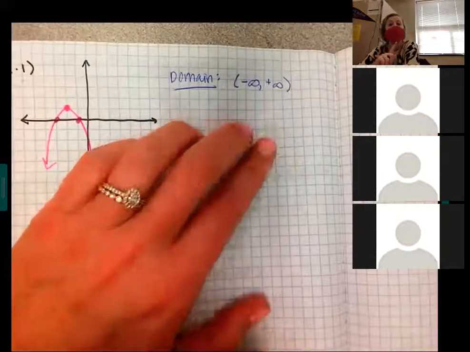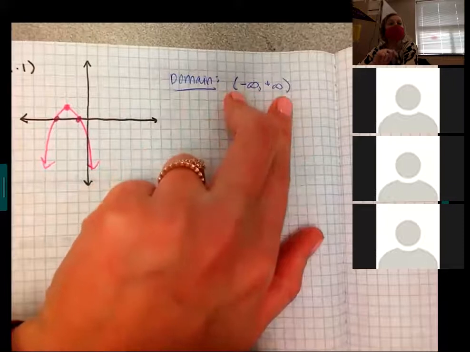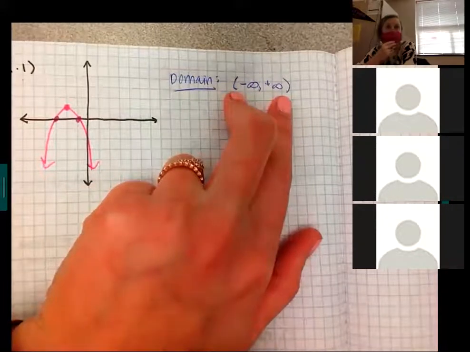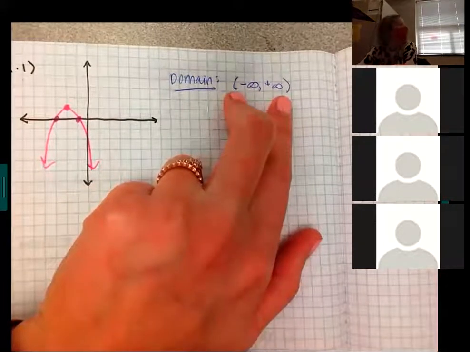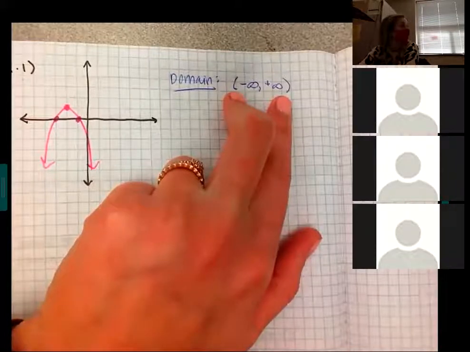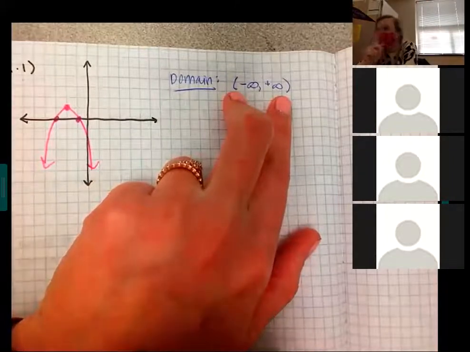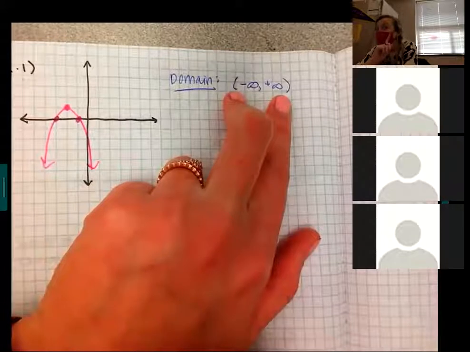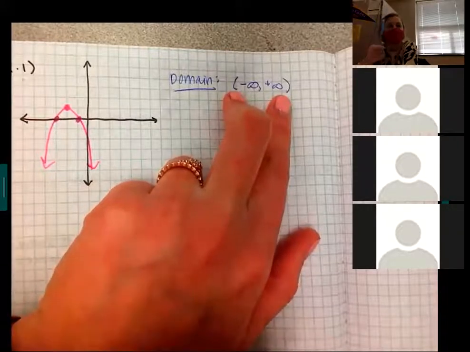Now, why do you think I used parentheses and not a bracket? Remember, parentheses mean it's not included. Brackets mean they are included. He said it's because it's not included. What are you going to say? Because it's not good. Okay, good. I get what you're trying to say. Can I add on to it?